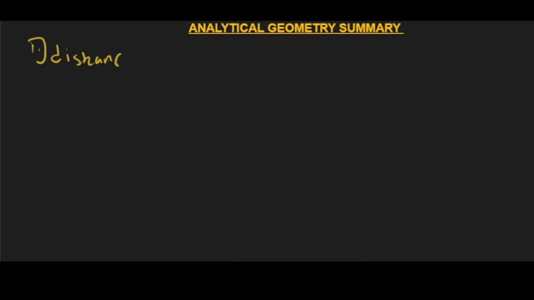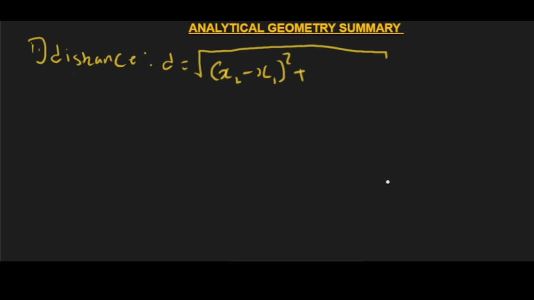You need to be able to find the distance between 2 points, which is normally given by d equals the square root of (x2 minus x1) all squared plus (y2 minus y1) squared.